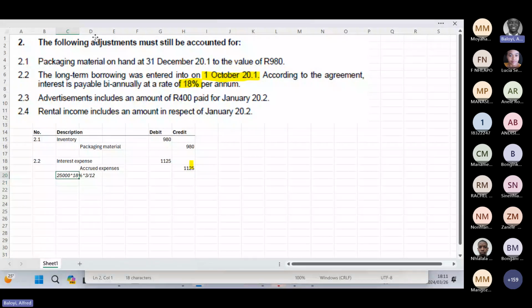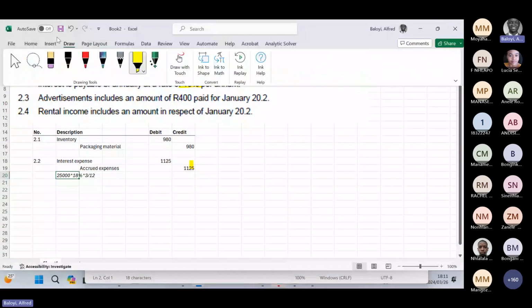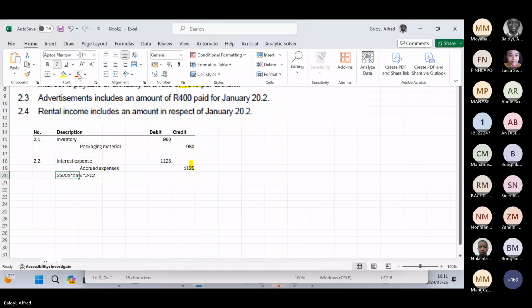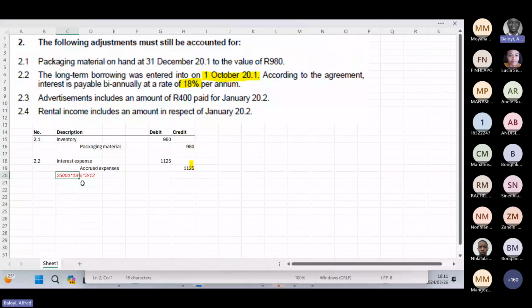You had interest that was outstanding from 1 October, and it was not yet paid at the end of the year, so it will be included in accrued expenses, which is your balance sheet item.